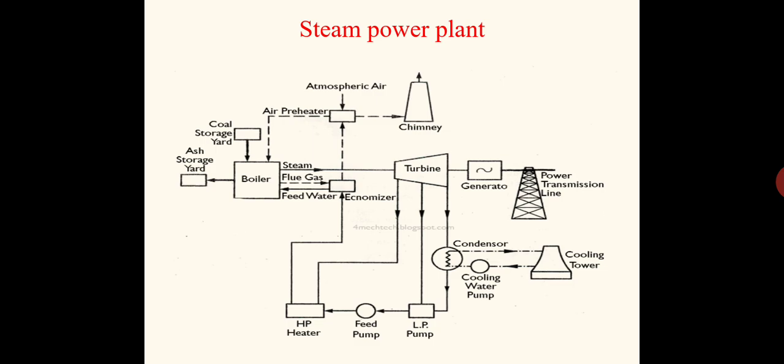That high pressure, high temperature steam is utilized to rotate the blades of the turbine, and hence the kinetic energy is converted into mechanical energy, which in turn rotates the shaft of the turbine. That shaft is connected to the generator, so the generator will be rotating. Of course the power is produced within the generator, and that is transmitted. That is what is happening in a steam power plant.